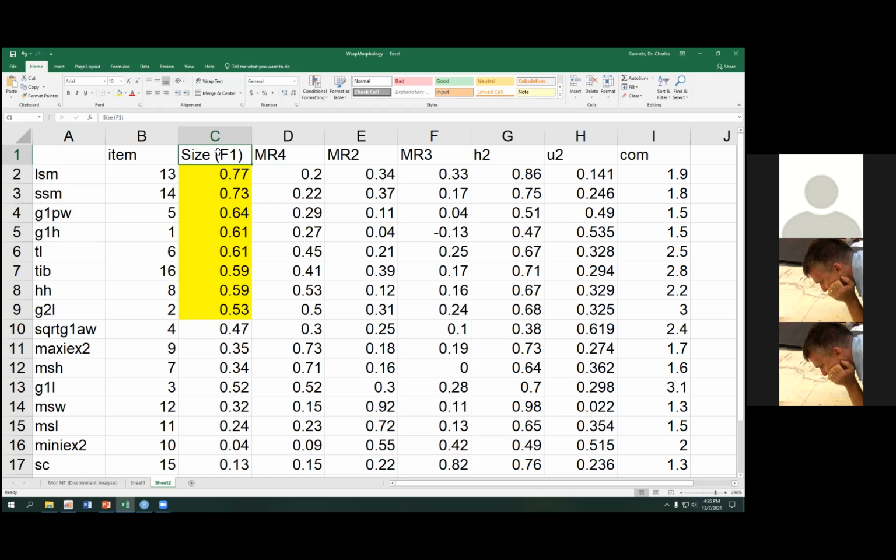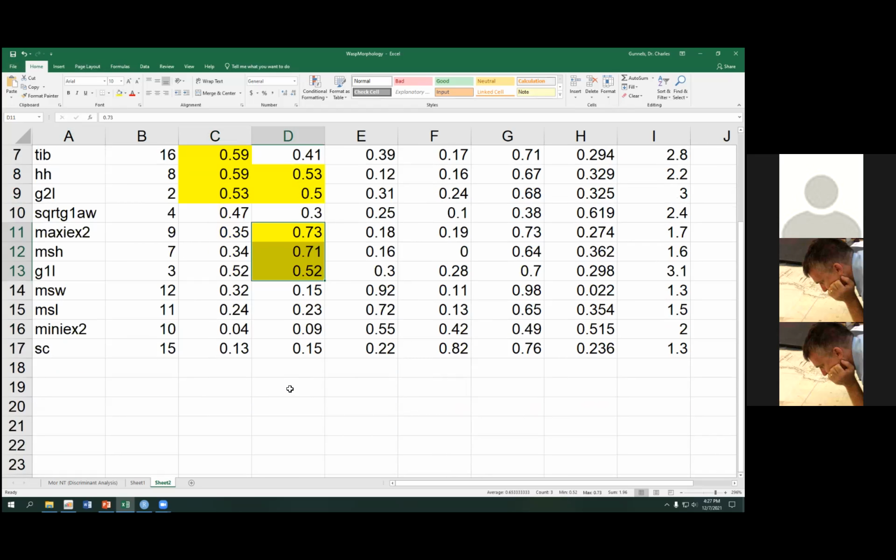So we do the next thing going down. Again, we're looking for variables that are either greater than 0.5 or less than negative 0.5. When we go down, these two are greater. This one is greater. And there we go.